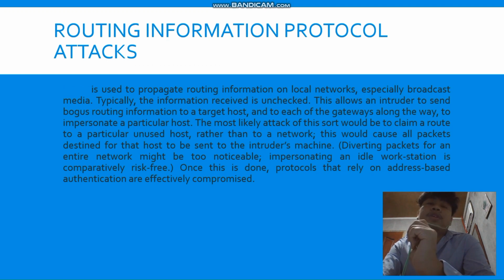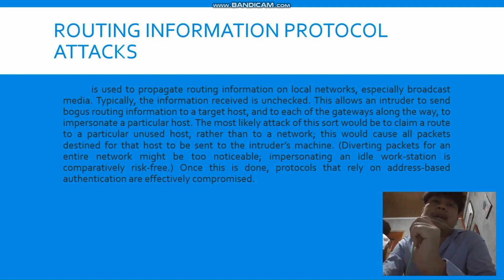Routing Information Protocol attacks. RIP is used to propagate routing information on local networks, especially broadcast media. Typically, the information received is unchecked. This allows an intruder to send bogus routing information to a target host and to each of the gateways along the way. To impersonate a particular host, the most likely attack of this sort would be to claim a route to a particular unused host rather than to a network.